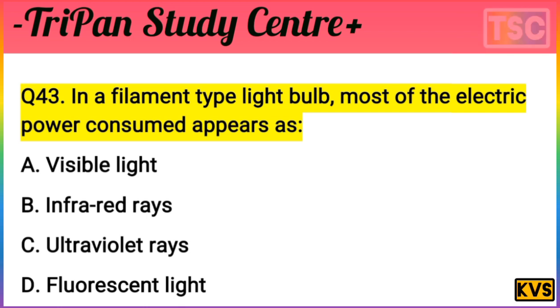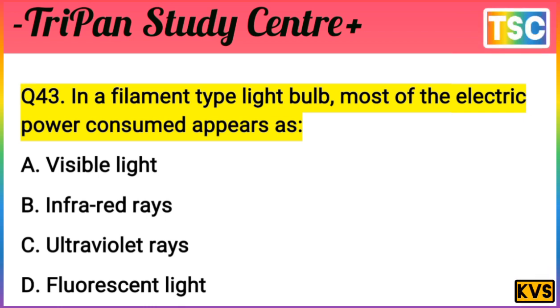Infrared ray is the important answer. Most of the power consumed appears as infrared rays, so option B is correct. In the filament used for the bulb, the electrical power is mostly consumed as infrared radiation.